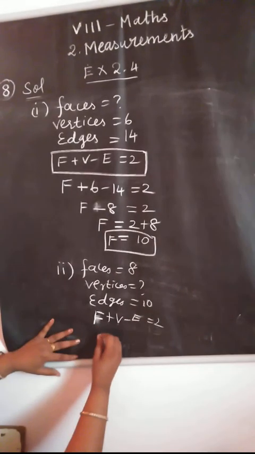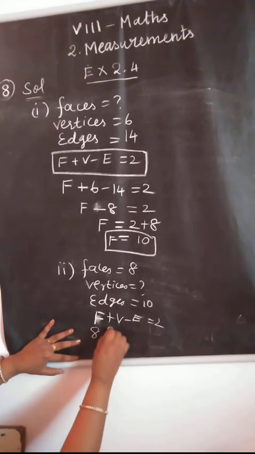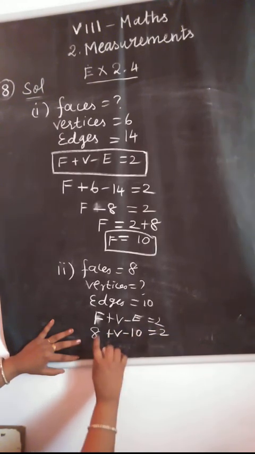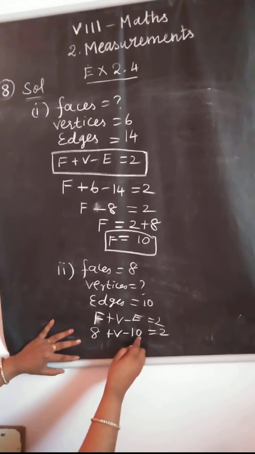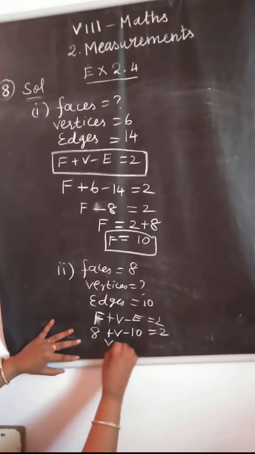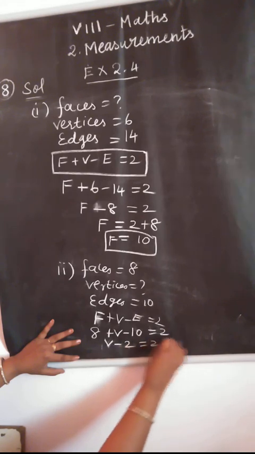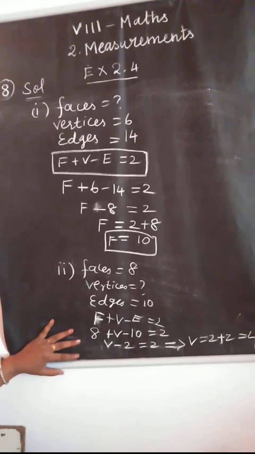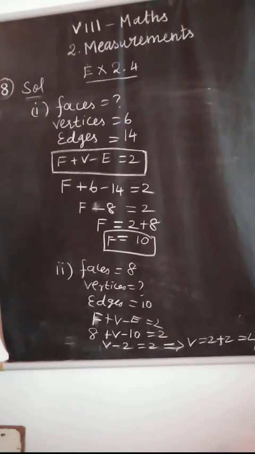Now substitute the value. F 8, V question mark, E minus 10 equal to 2. 8 minus 10 we get minus 2. So V minus 2 equal to 2. That implies V equal to 2 plus 2 equal to 4. This is the final answer for second option.